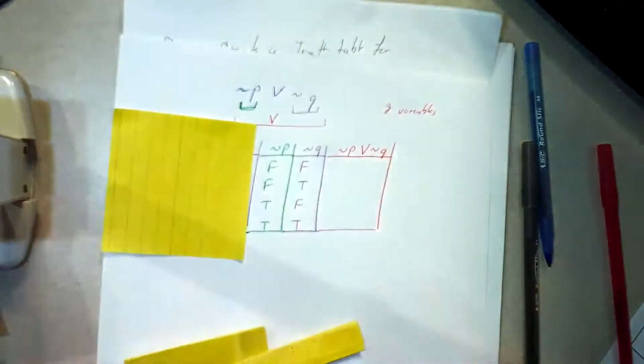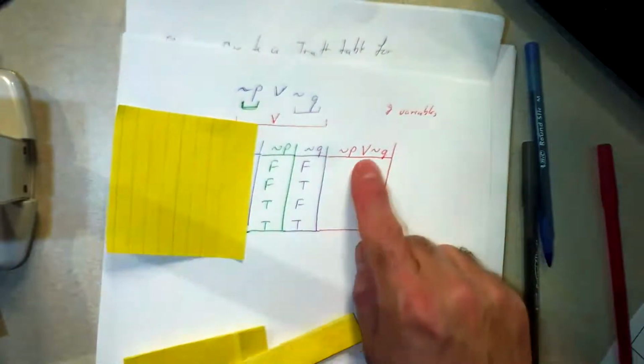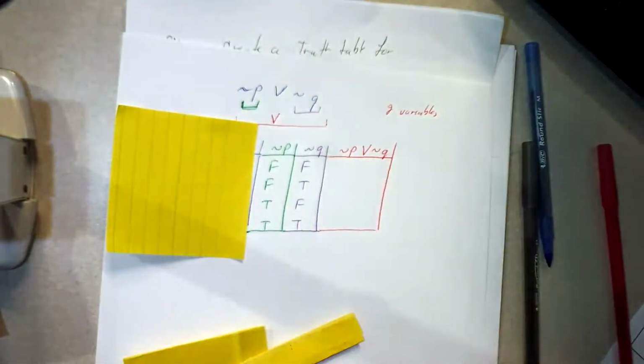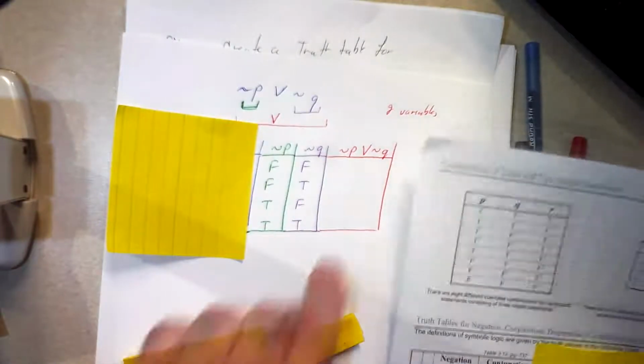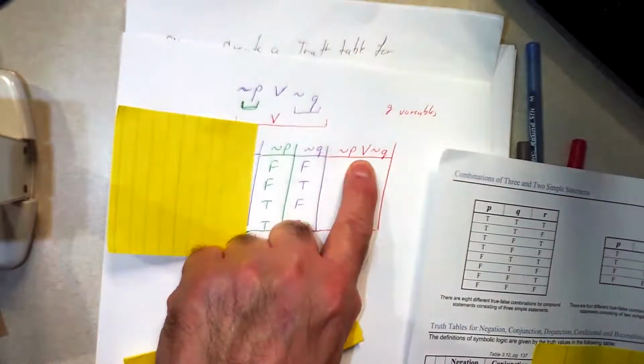Okay. And I want to find my connector on my handout. I believe that's the disjunction.